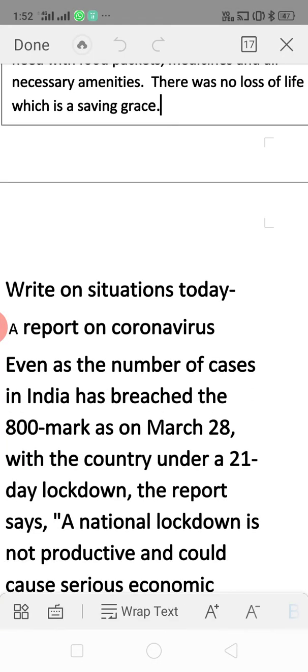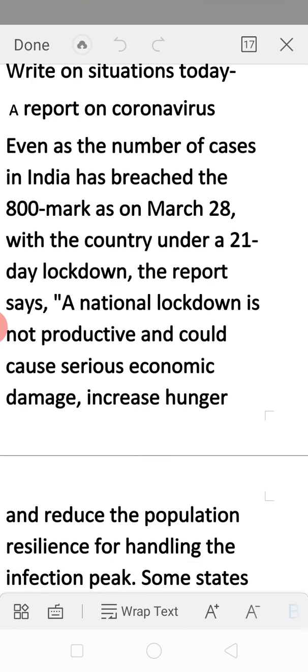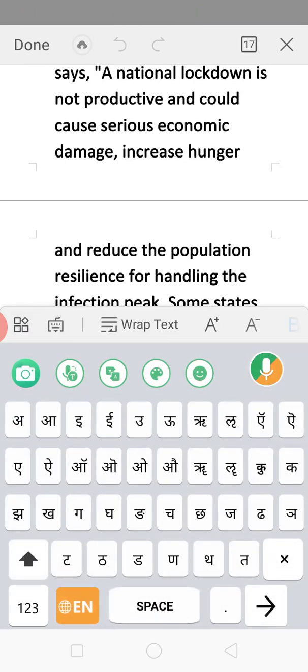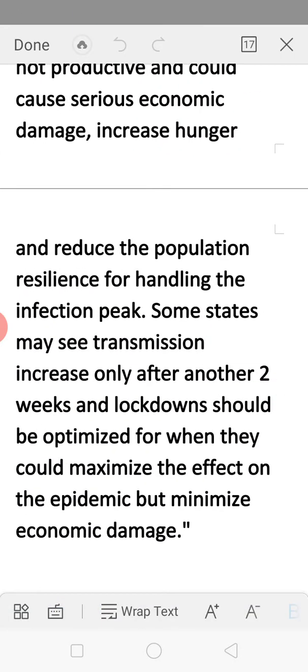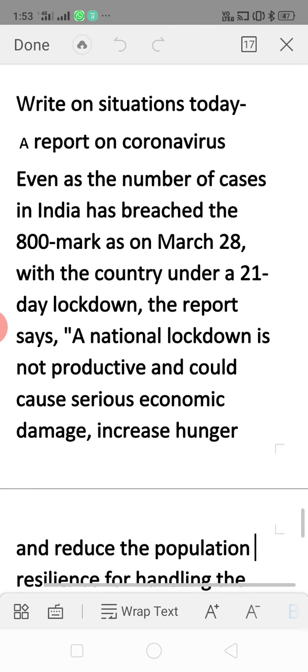Now, for your assignment, you write a report on the situation today, like a report on coronavirus. It should go like this. Our situation today. A report on coronavirus.